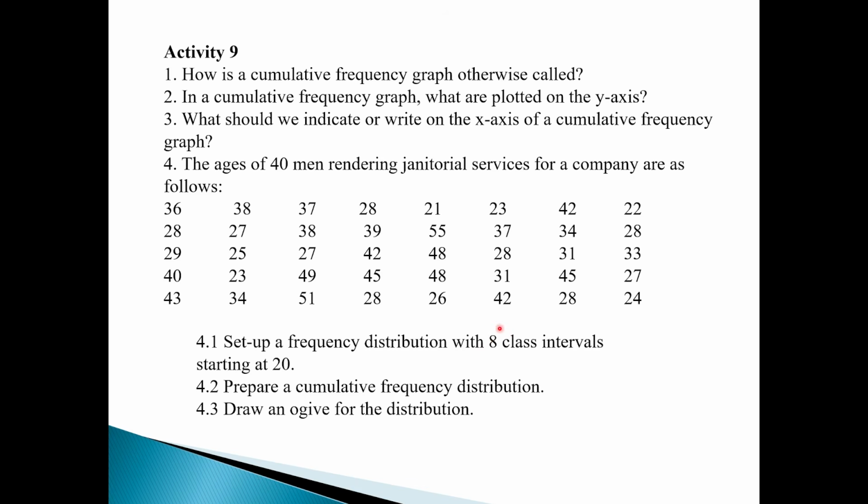If you cannot remember how to create a frequency distribution table, you should refer back to our previous lecture and review it. Then you will be able to create this one, 4.1. And next, prepare a cumulative frequency distribution table, 4.2, and then of course 4.3, your cumulative frequency graph.